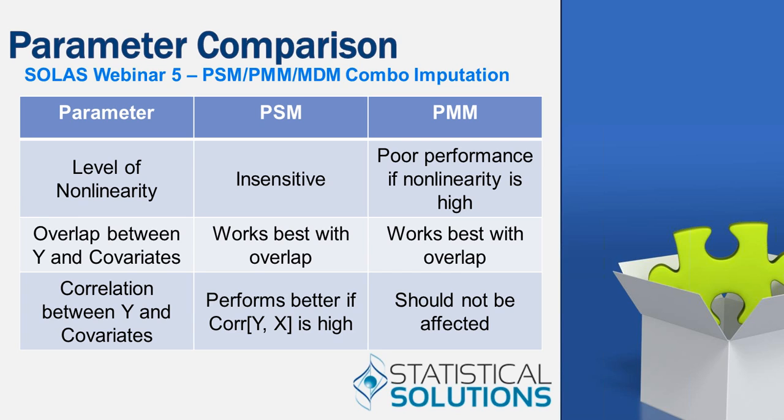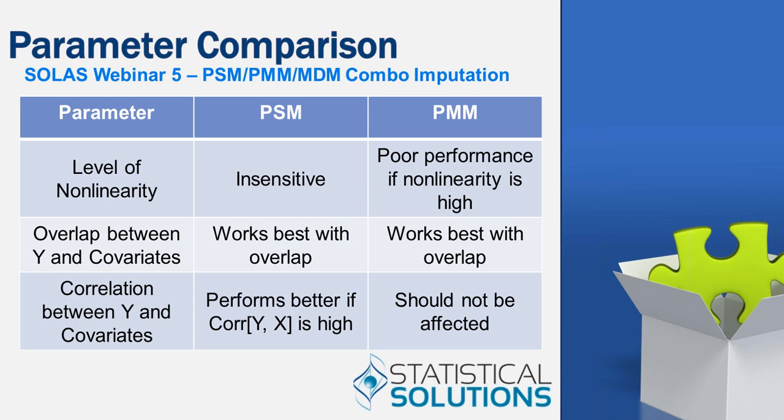Overlap between the outcome variable y and the fixed covariates: both methods work best if overlap exists. That means the plot that I showed you there for propensity score, where all the missing values for the outcome variable are encompassed in the observed values, is when these matching methods work best.